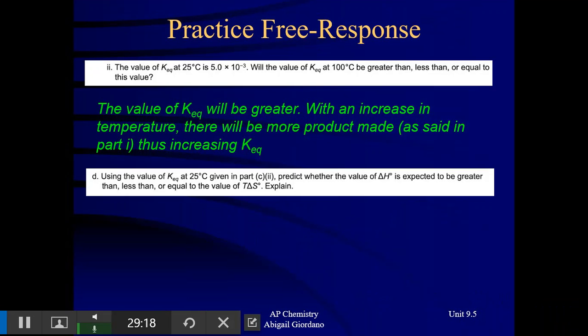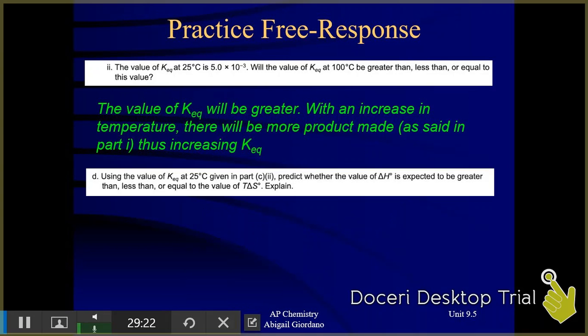Okay, so look up back at the question above it, right here. Okay, that K value is less than 1. If you think back to that chart a couple of slides back, when K values are less than 1, that's indicating a reaction that is not favored in the forward direction.